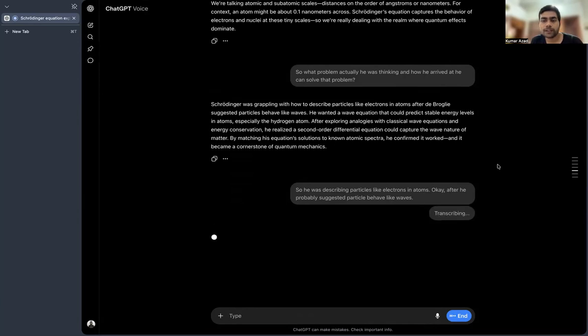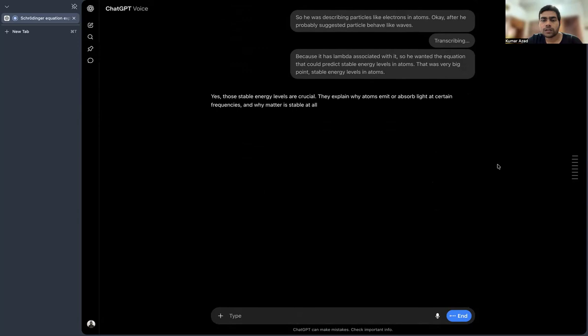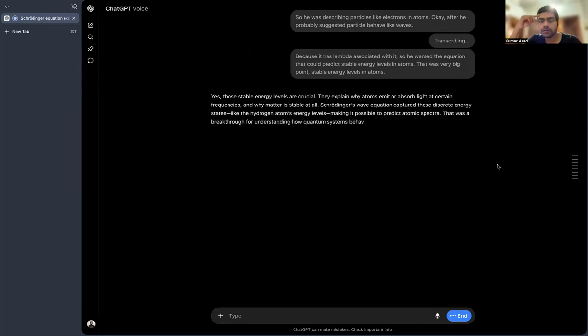That was a very big point: stable energy levels in atoms. Yes, those stable energy levels are crucial. They explain why atoms emit or absorb light at certain frequencies and why matter is stable at all. Schrödinger's wave equation captured those discrete energy states, like the hydrogen atom's energy levels, making it possible to predict atomic spectra. That was a breakthrough for understanding how quantum systems behave.